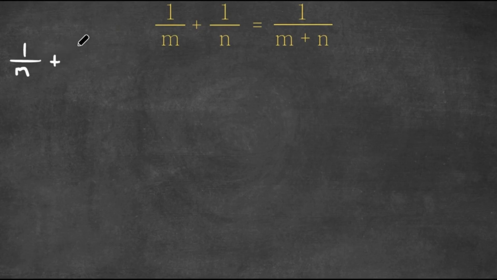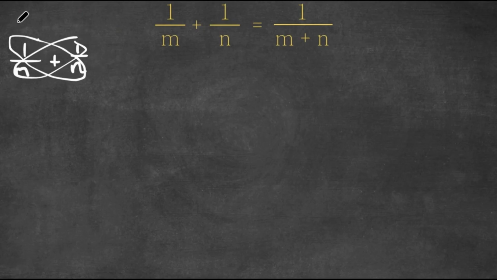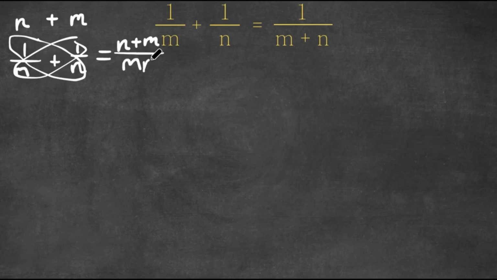If we cross multiply, 1 times n is n, plus 1 times m is m. So n plus m would be our numerator. And our denominator would be m times n. So mn.